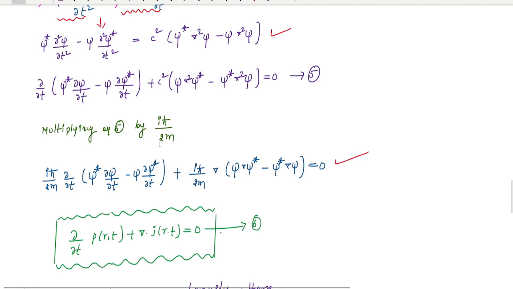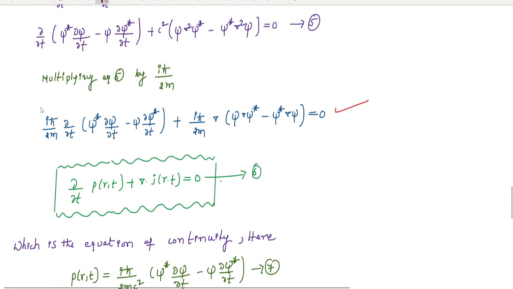If you observe this equation carefully, it looks like the continuity equation. We know the general continuity equation term is dou by dou t of rho, the probability density, plus divergence of the current density J, is equal to 0.